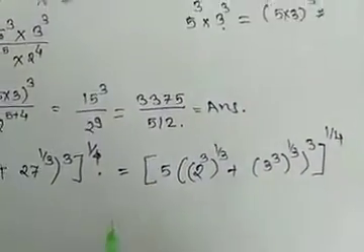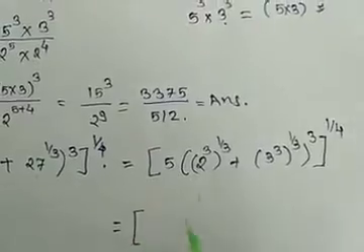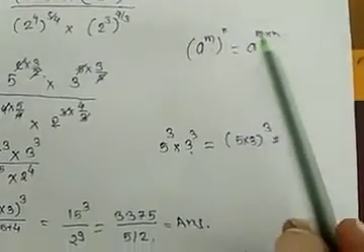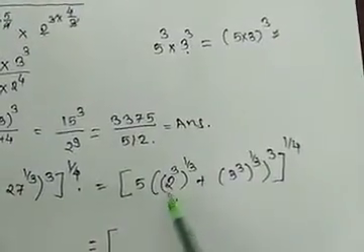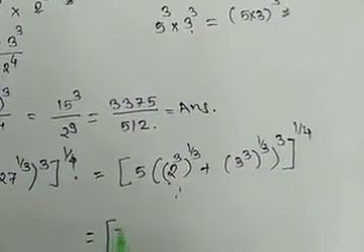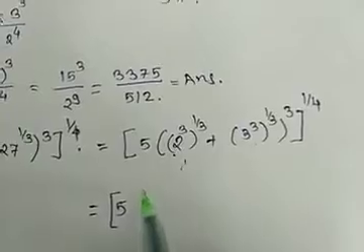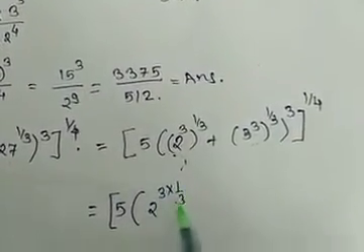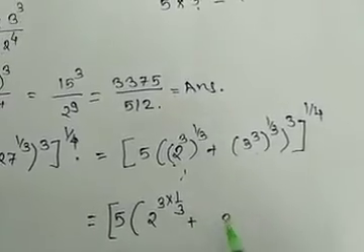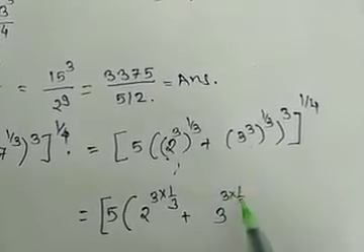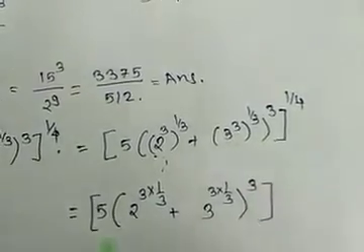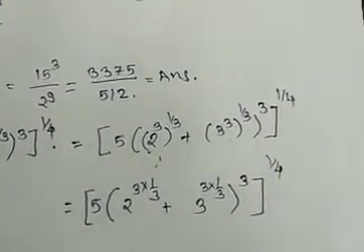Now again using the rule a raised to m raised to n is equal to a raised to m into n, in these two terms we can write 5 into bracket 2 raised to 3 into 1 by 3 plus 3 raised to 3 into 1 by 3, bracket cube, and whole square bracket raised to 1 by 4.